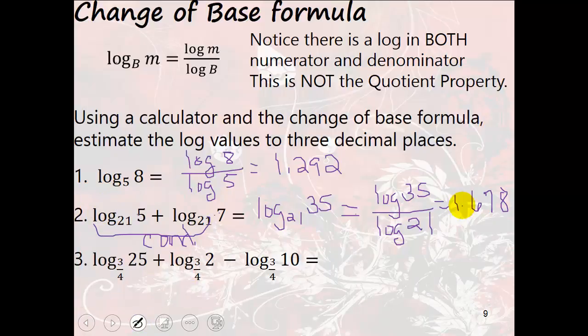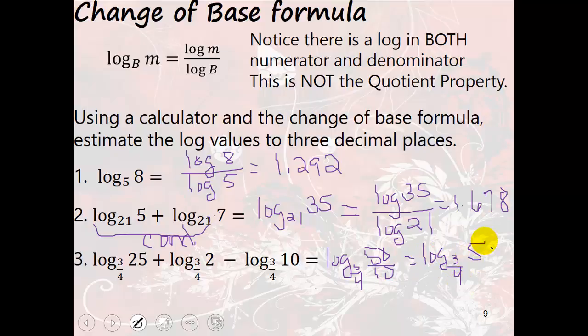Number 3, we are going to condense. So look, I'm in log base 3/4. So this is going to be the same as log base 3/4 of 50 over 10, which is equal to log base 3/4 of 5.